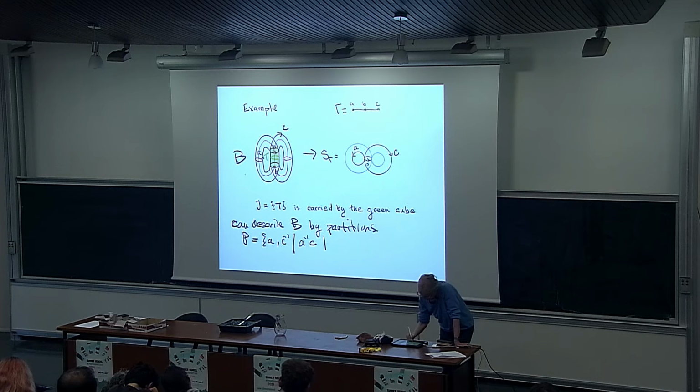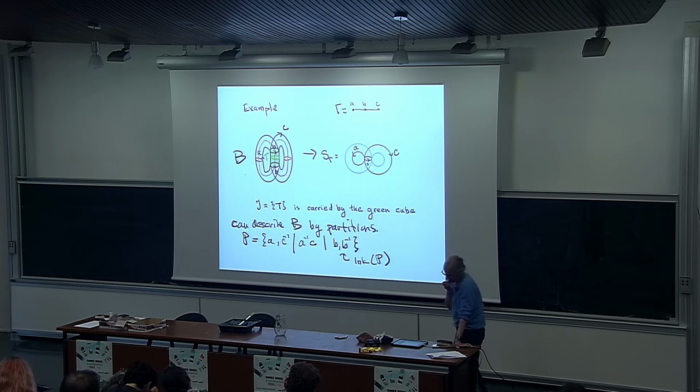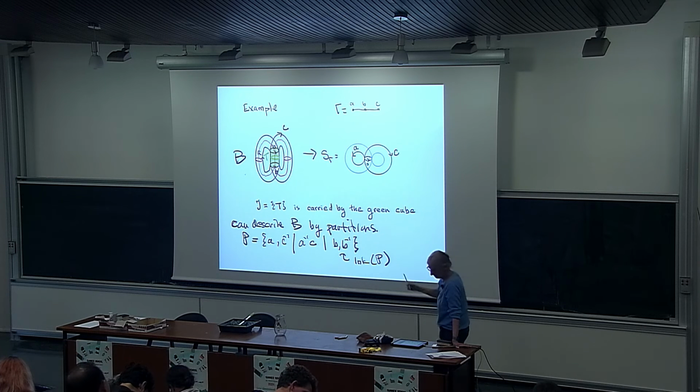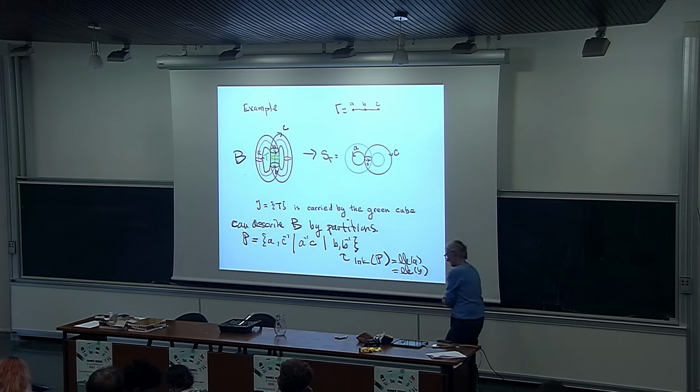I'm going to put them all in a separate piece. This is the link of the partition. So the partitions are a little more complicated. It's a partition into 3 parts. The first 2 parts separate something from its inverse, and the last part is the link of that thing, which also happens to be the link of B.